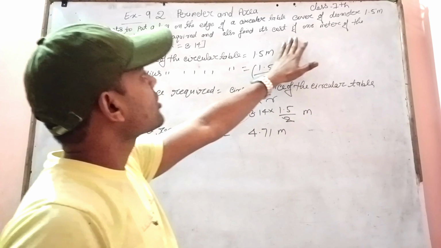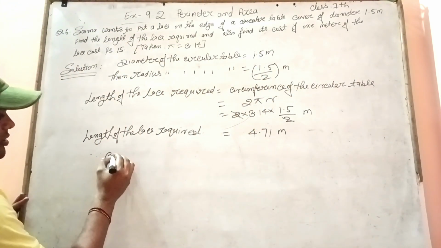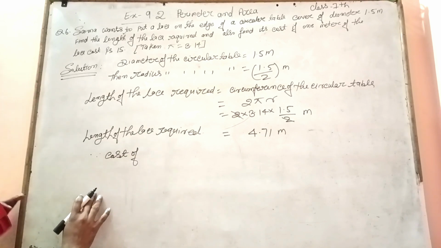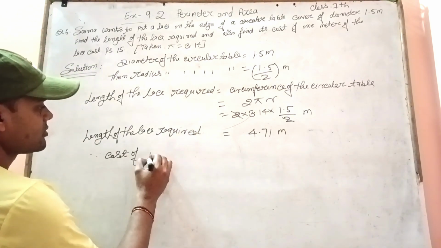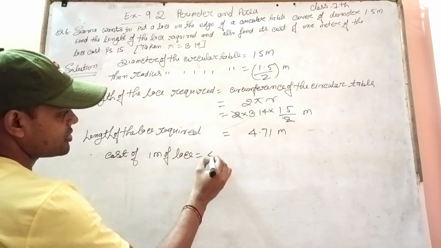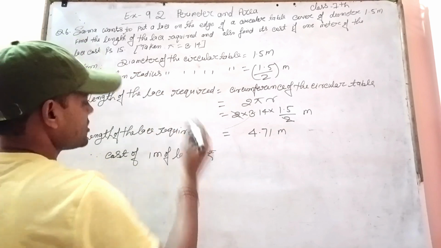And also find the cost of each 1 meter of lace. Since cost of 1 meter of lace is equal to rupees 50.